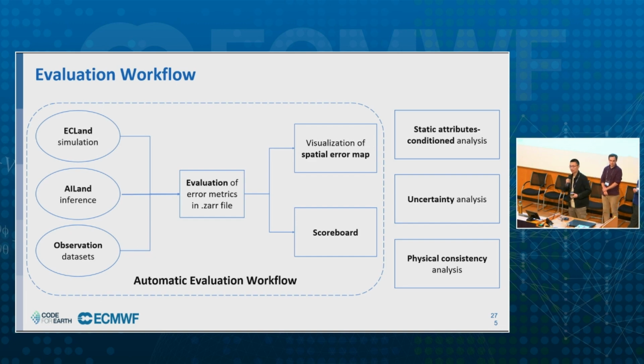At the same time, this automatic workflow is also used to visualize the spatial error map of the evaluation result, and finally to automatically generate a scoreboard summarizing all the results. And based on this evaluation, we further did statistical attributes, conditional analysis, uncertainty analysis, as well as physical consistency analysis.